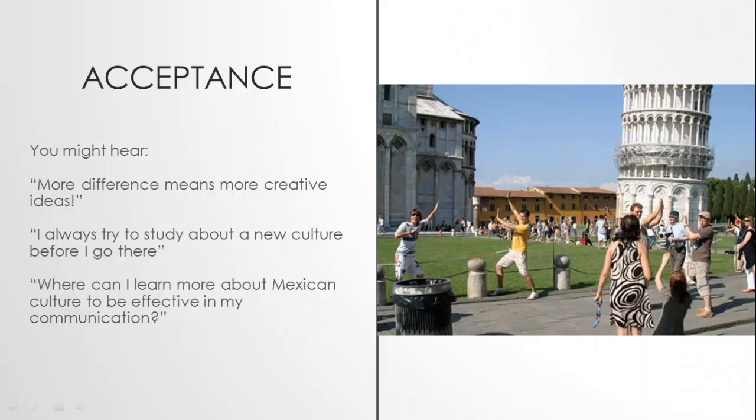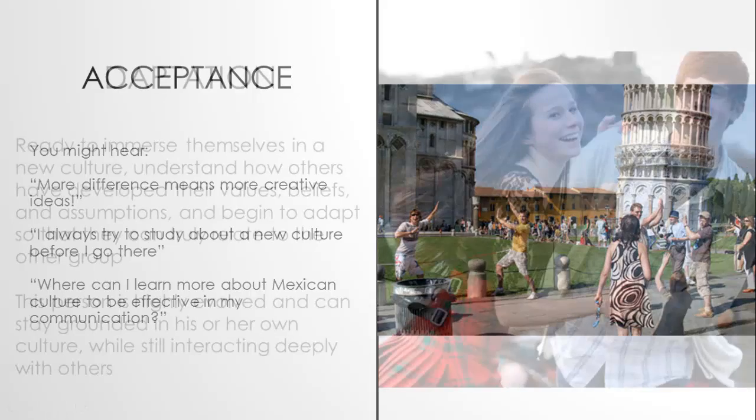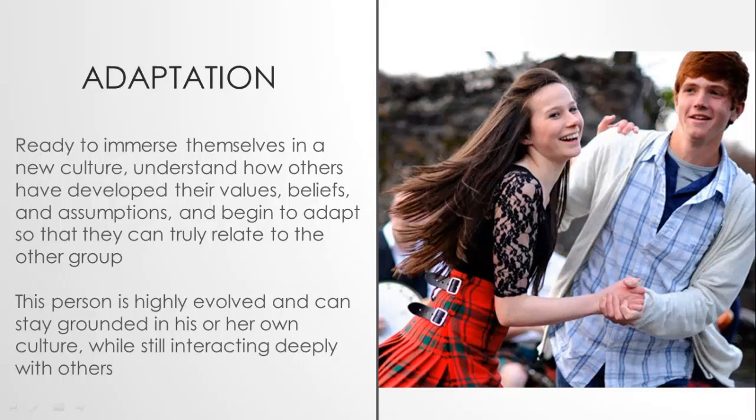In these images, many people are posing in front of the Leaning Tower of Pisa for pictures. They show enthusiasm for the culture that they are participating in, but not really a deep adaptation yet at this point. The next stage is called adaptation. At this stage, a more proactive approach to cultural change is adopted.